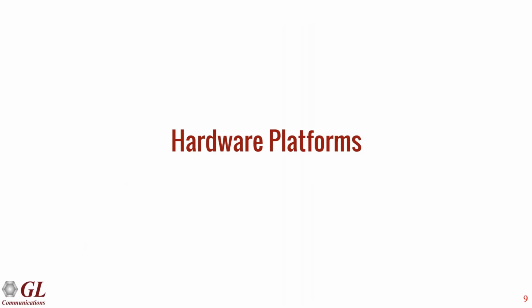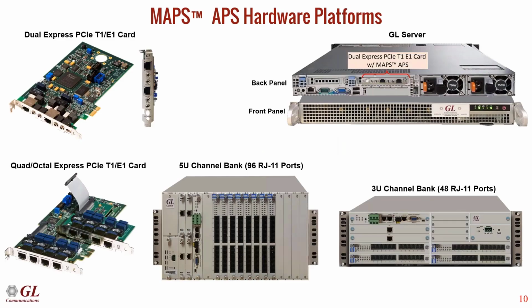Okay, so now let's talk about the hardware platforms in a little more depth. If you're familiar with GL, you know that we offer these PCIe cards, which are very nice. You can stick them directly into the motherboard of the rack PC, and we have a lot of different form factors. We have a dual express PCI T1E1 card, meaning 2 T1E1 ports, but we can also scale up.